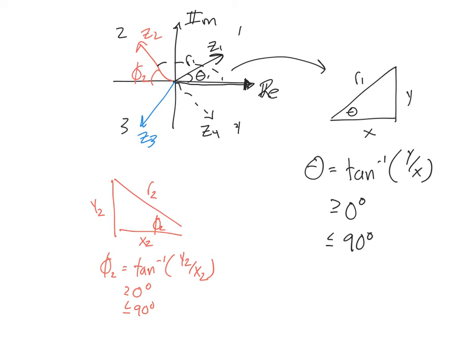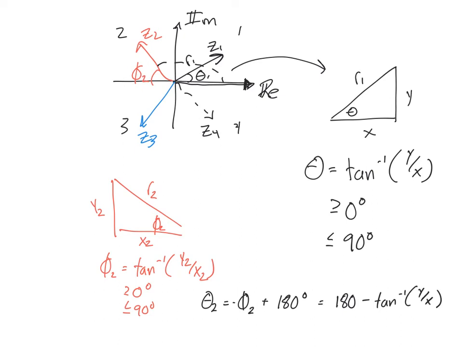Okay, so in order to find theta 2, we take phi 2, we have to take the negative of that and add 180 degrees to the solution. In other words, we can find theta 2 directly by saying 180 minus the arctangent of y over x.